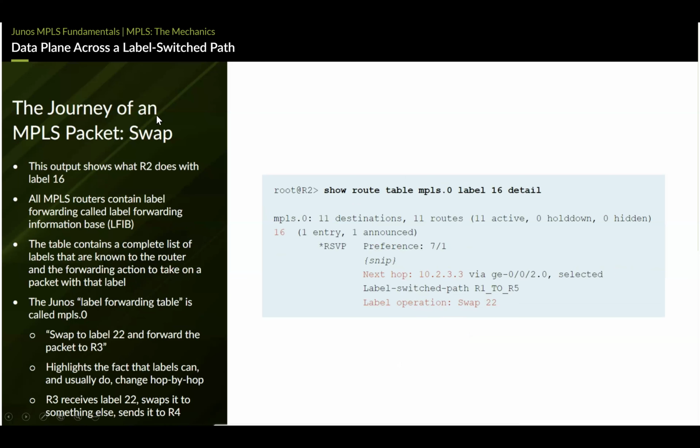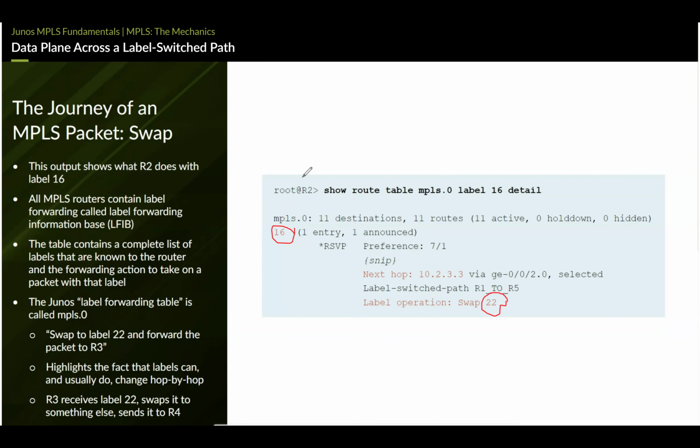Okay, the journey of an MPLS packet, that is swap. Swap happens in the transit router. So this output shows what the router does with label 16. It's an incoming label, and after swap the label is another label.